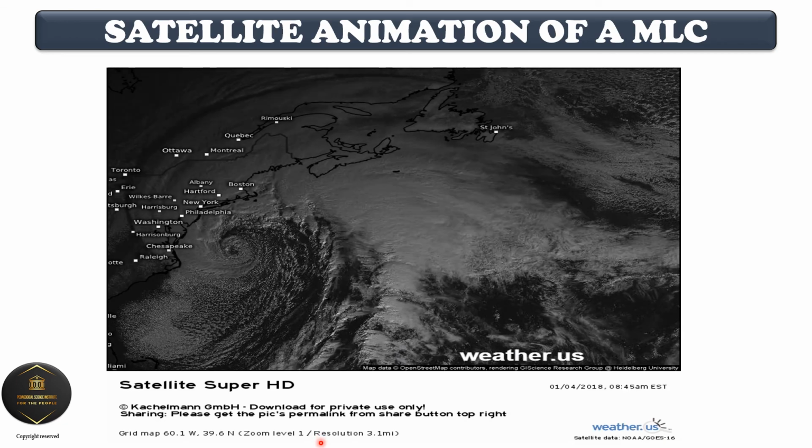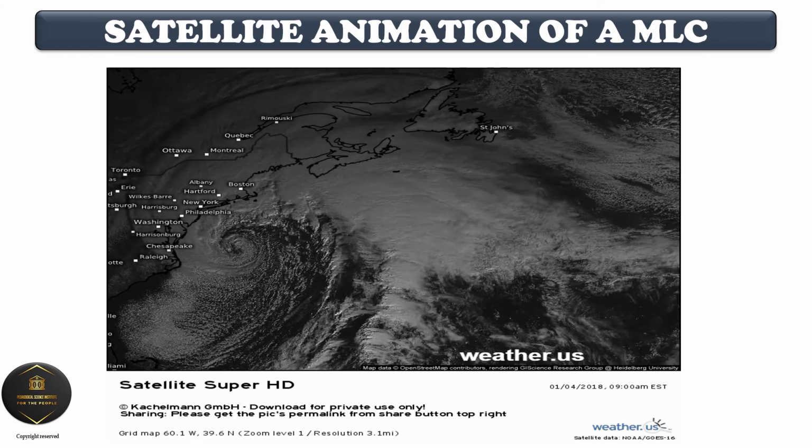The first thing that we can identify is that this is circulating in an anti-clockwise direction. And what is that telling us? It is telling us that this diagram is showing the mid-latitude cyclone in the northern hemisphere. So let's remember that it's in the northern hemisphere.